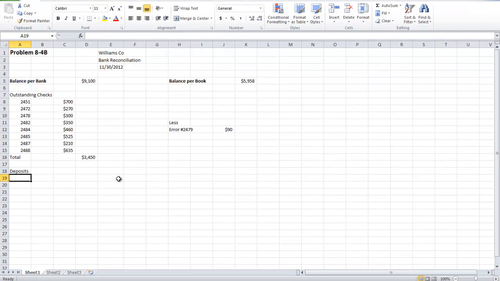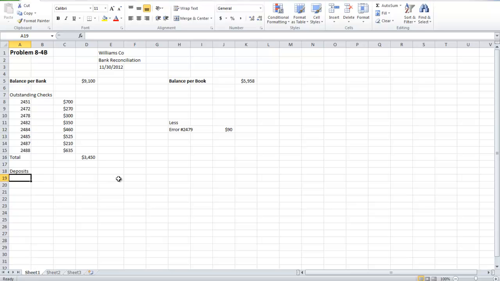It shows up on November 4th on the bank statement, so we don't need to include it. The deposit for November 7th for $545 also appears on the bank statement. November 12th for $1416, excuse me, shows up on November 13th. November 17th shows up on November 18th for $810.